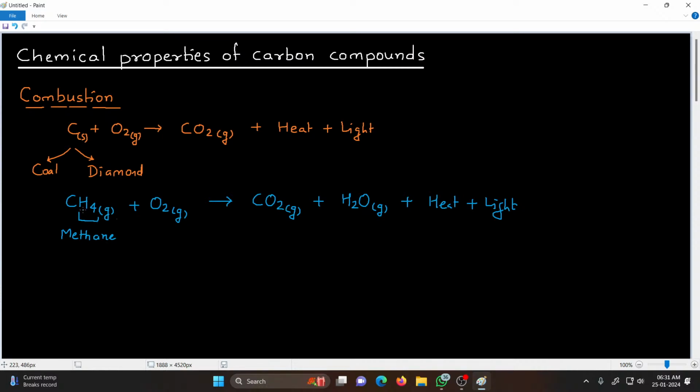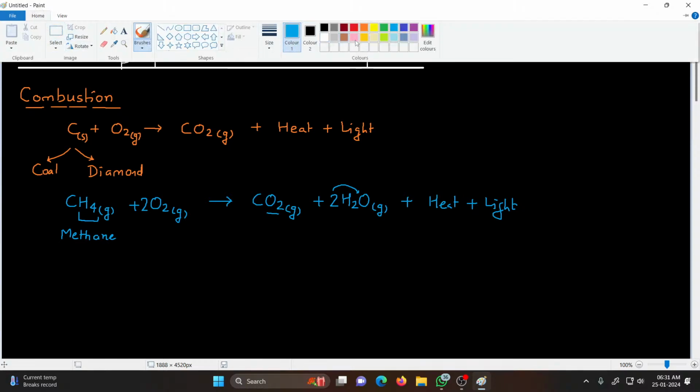There are 4 hydrogen on the reactant side. So to make 4 hydrogen on the product side, we have to write 2 here. Then that will make the number of oxygens 2 plus 2, 4, so we have to write 2O2 here. So this is the balanced reaction.